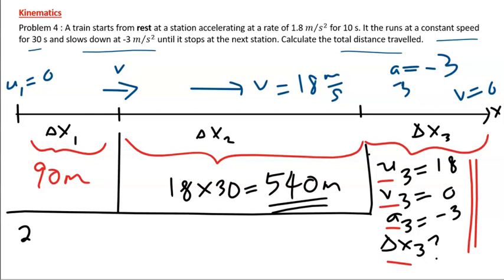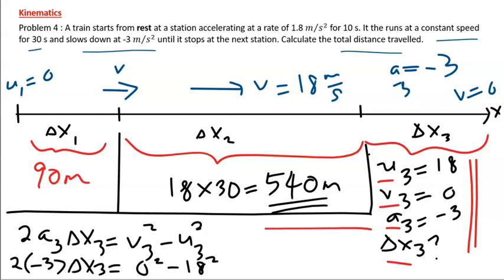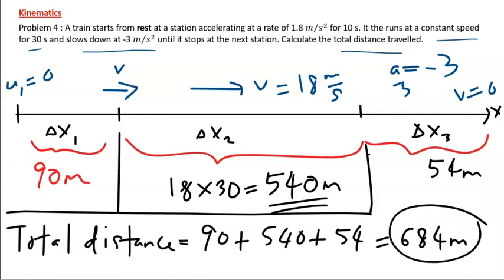The third equation of kinematics is 2 times acceleration times the distance covered equals the final velocity squared minus the initial velocity squared. Substituting these numbers inside that equation, finally we can get delta x3, which is 54 meters. So the sum of these 3 distances gives you 684 meters as the total distance traveled.